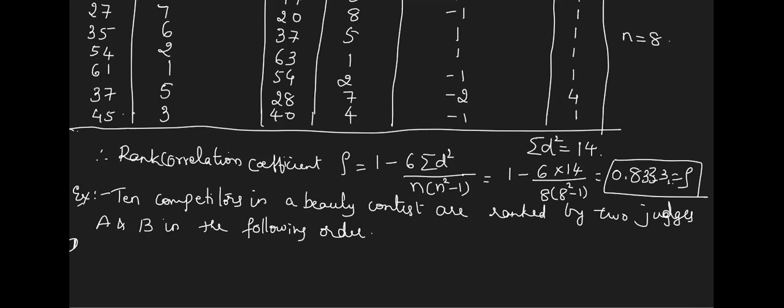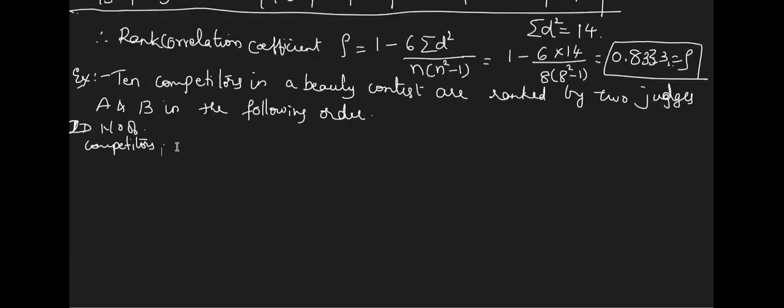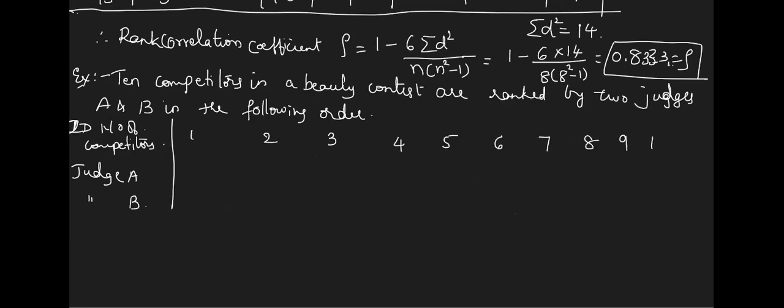So it is given as ID number of competitors. Then judge A and judge B ranks given. So 1, 2, 3, 4, 5, 6, 7, 8, 9, 10 competitors were there.